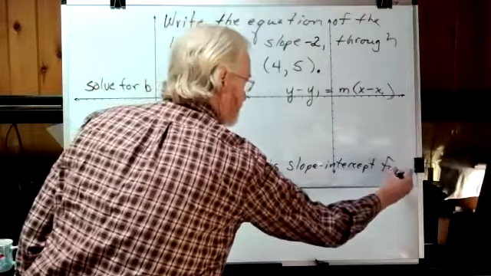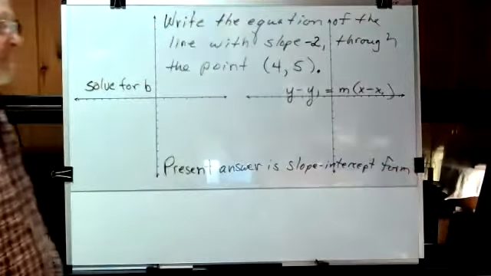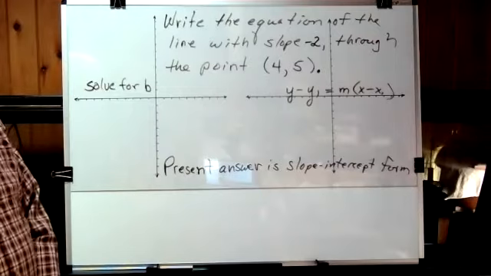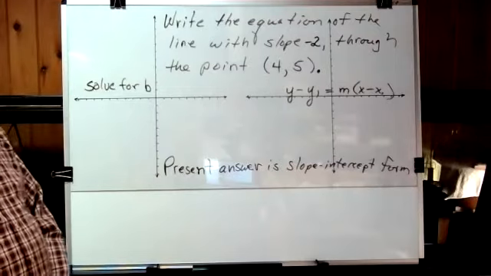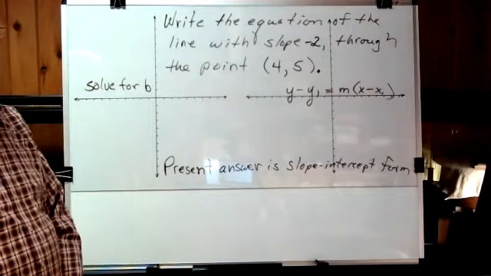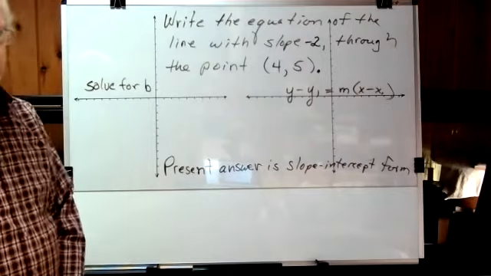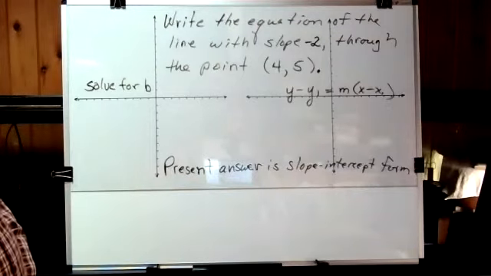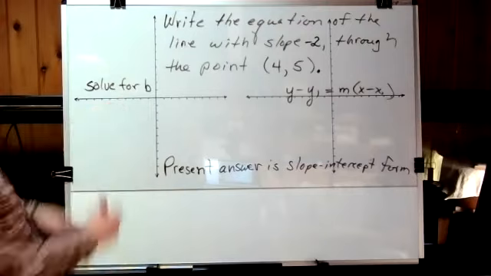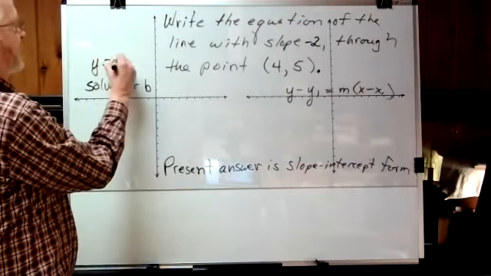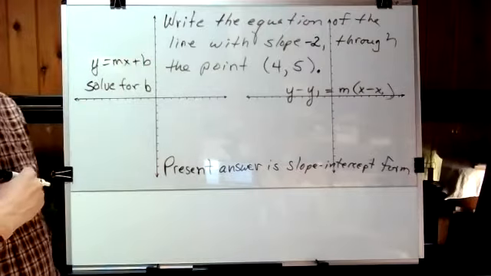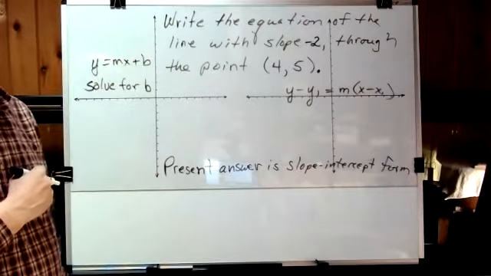For both techniques, you're going to plug into whichever form you choose to use, and I have to do a little work. If I'm going to solve for b, that's using the slope-intercept form to start. Plug in the x and the y and the slope.